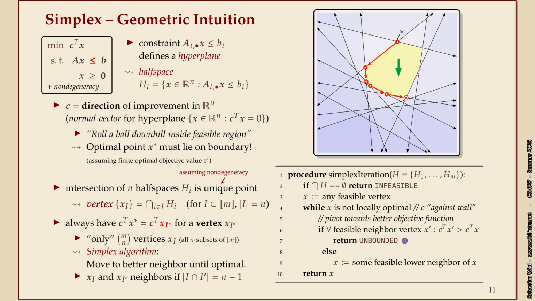That case is a bit more tricky to see. That needed another picture, but let's ignore that case for the intuition. The typical case is there is some way to move in the direction of the green line to a neighboring vertex, and then you go there and repeat.